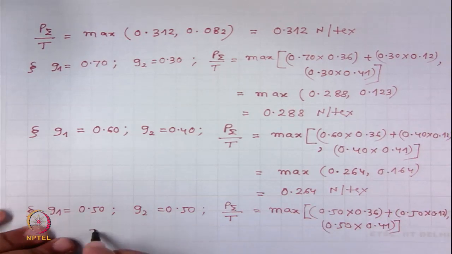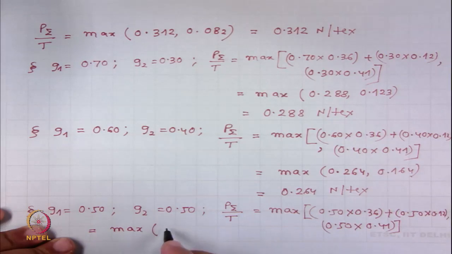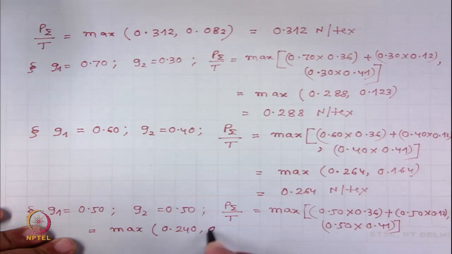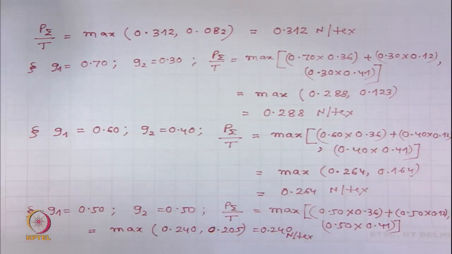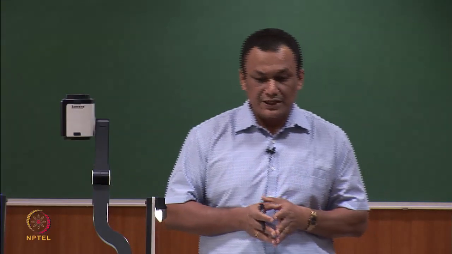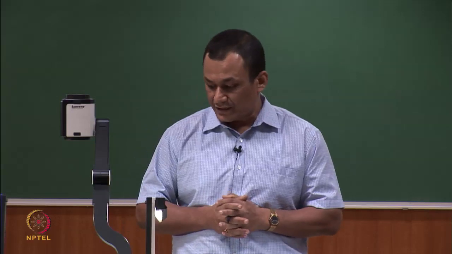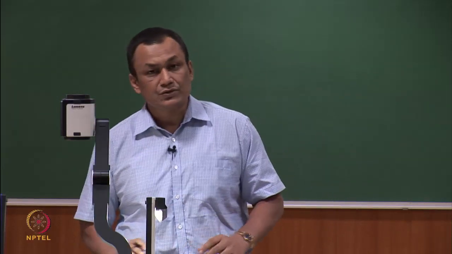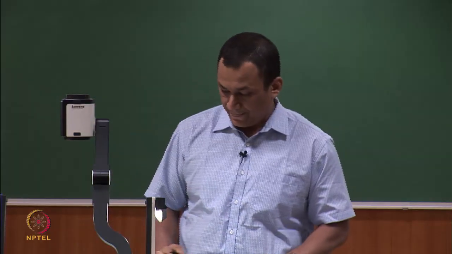What will be these two values? These two values will be 0.240 and 0.205, and the maximum is 0.240 Newton per tex. So, when cotton and polyester fibers are mixed in equal proportions by weight, the bundle tenacity will be 0.24 Newton per tex.